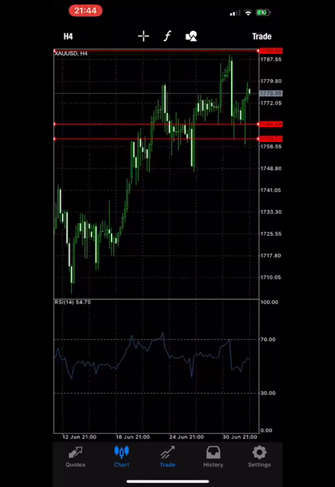The middle red line is where I first entered the trade.